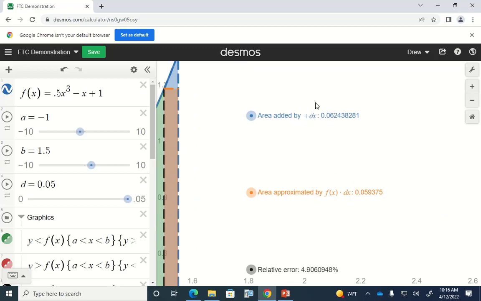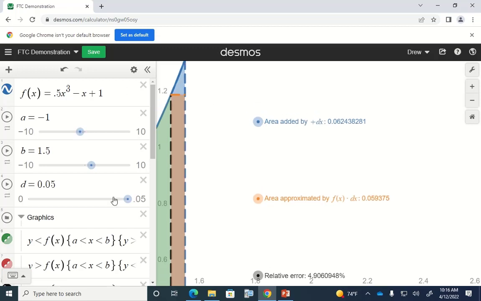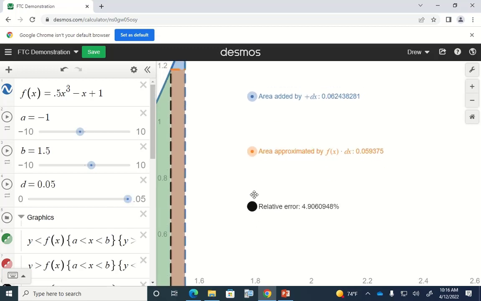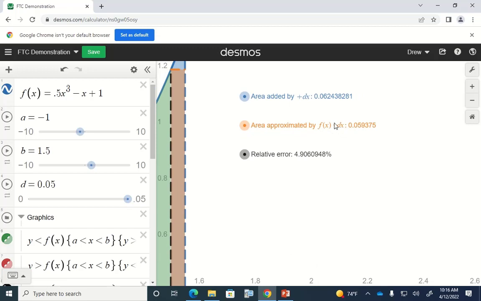It's pretty close, but not exactly the same as the area added to my definite integral, because of this little sliver. But notice, calculating the relative error means that I divide the difference between these two by the true area. So I divide blue minus orange by blue, and that gives me about 5%.